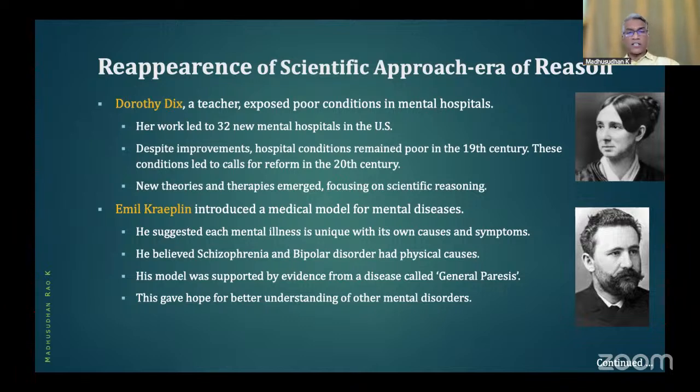He believed schizophrenia and bipolar disorder had physical causes. His model was supported by evidence from a disease called general paresis. Now this gave hope for better understanding of other mental disorders too.